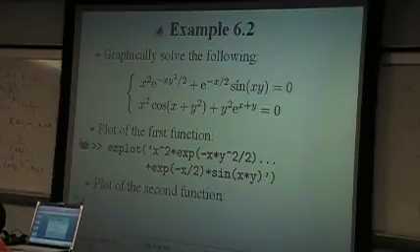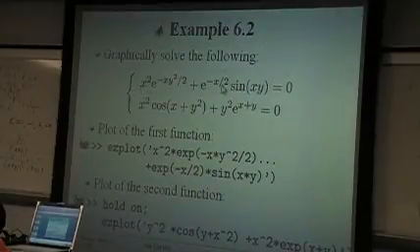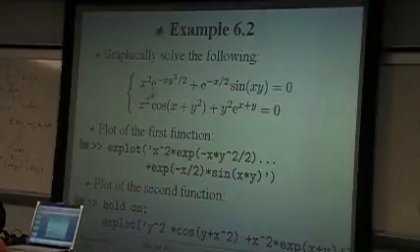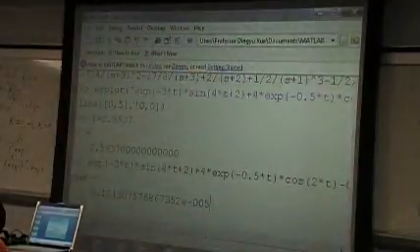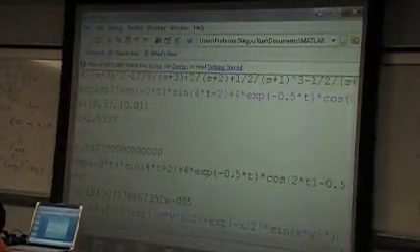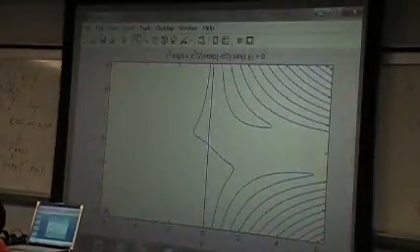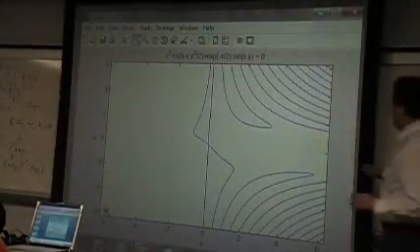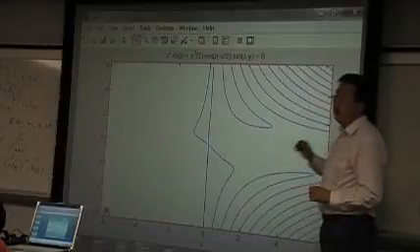We can draw the first function. We can draw the curve for the first equation first by calling the ezplot function. And we say that all the points on the curve satisfy the first equation.